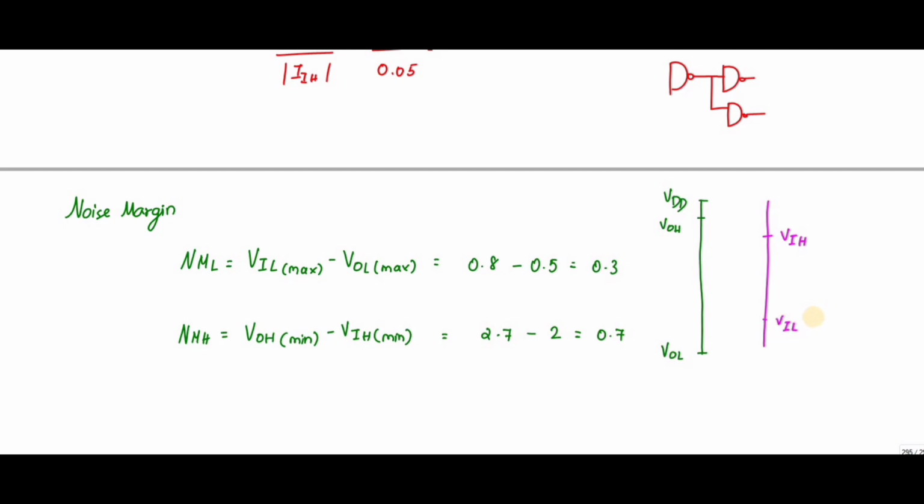So this difference represents NML, VIL minus VOL, and this difference, VOH minus VIH, represents NMH. So these are your guaranteed values.